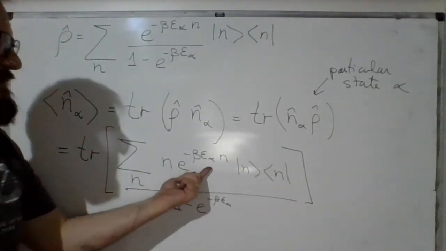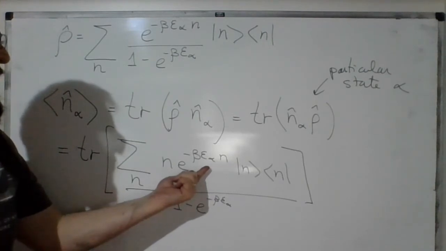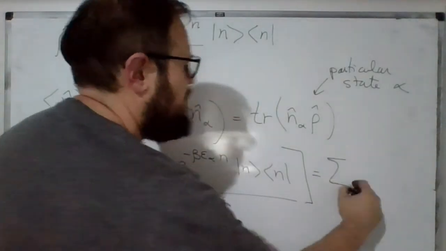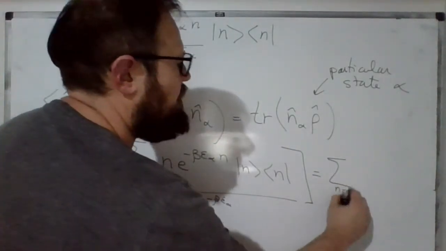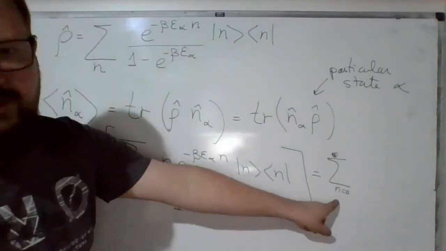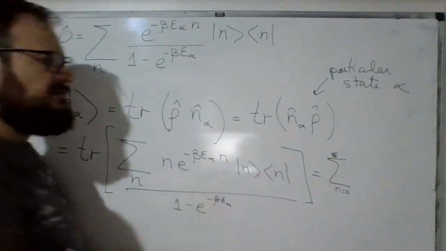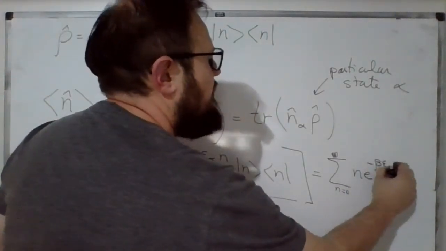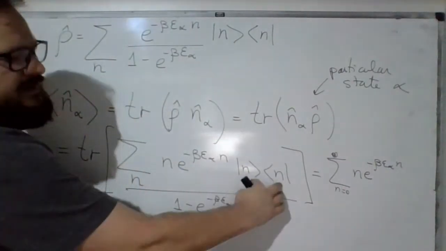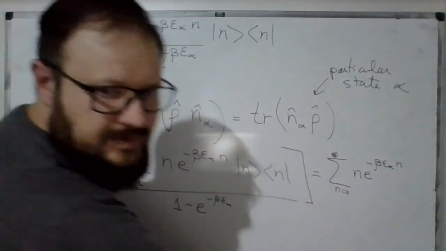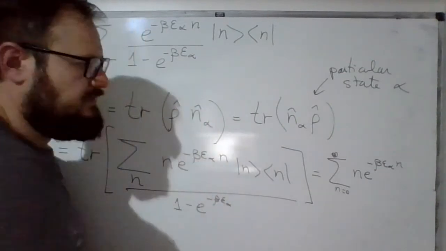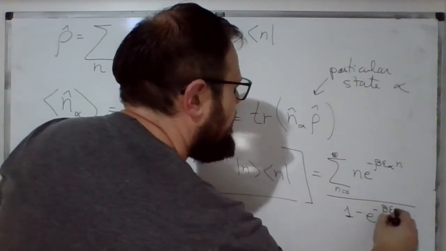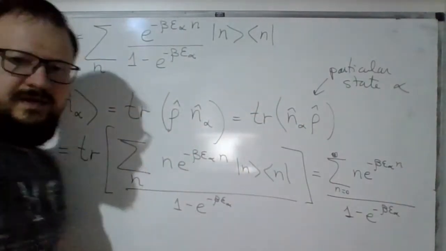Now, notice that the trace here corresponds to a summation over the entire possibilities of the n occupation number for the state E alpha, n times e to the minus beta E alpha n, because this is what appears in the diagonal. Off diagonal there are zeros, and this is divided by 1 minus e to the minus beta E alpha. This is the partition function here.